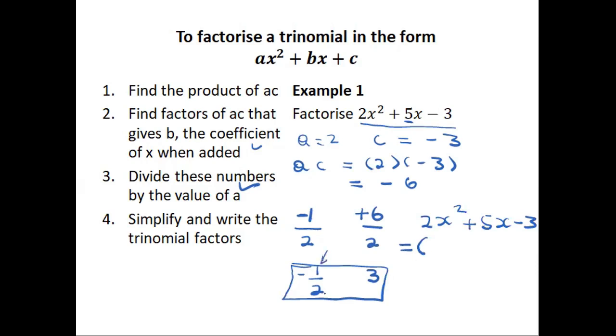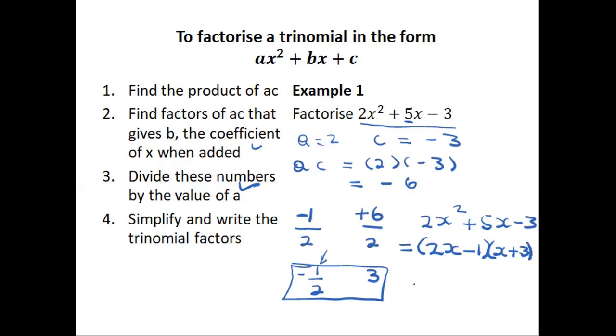If there's a denominator, we put the denominator behind x. So there's going to be 2x minus 1. We don't change the sign, we just take the sign, whatever it is. If it's a minus, we're going to have a minus sign there. If it's a plus, we're going to have a plus sign here. And this is into x plus 3.